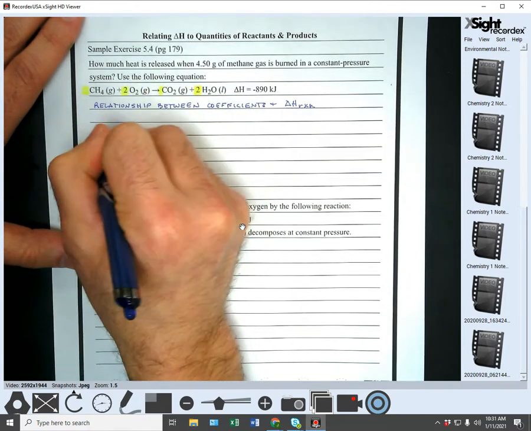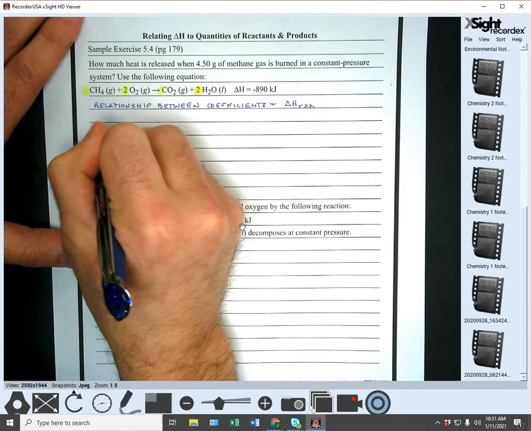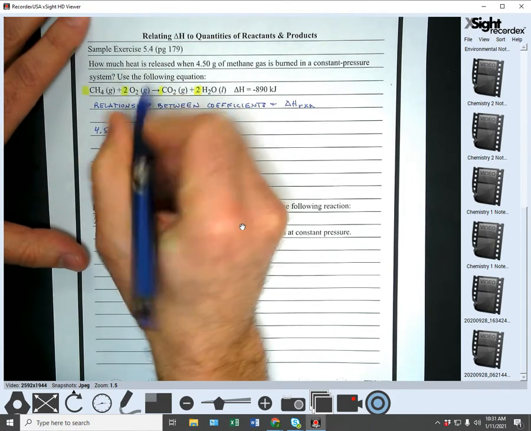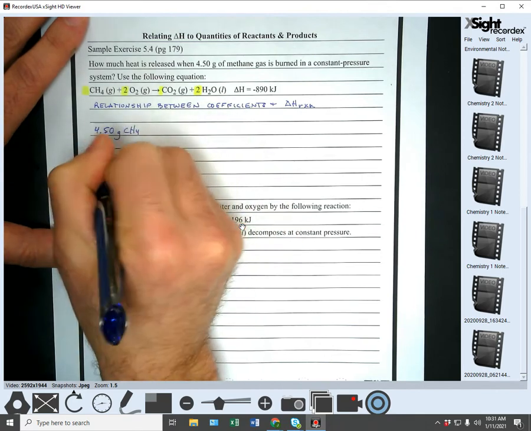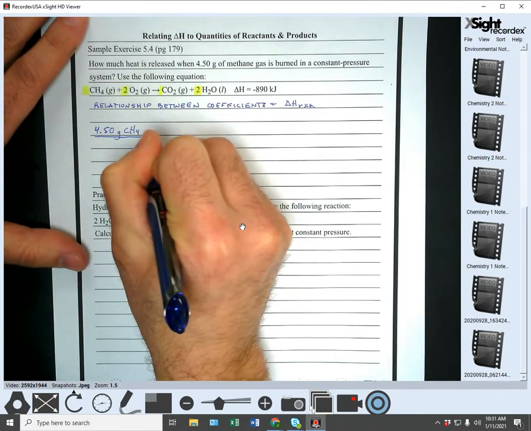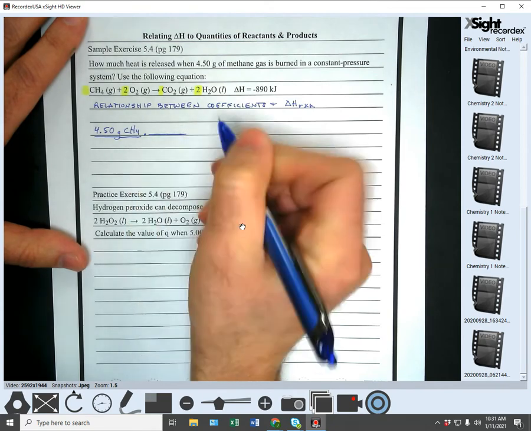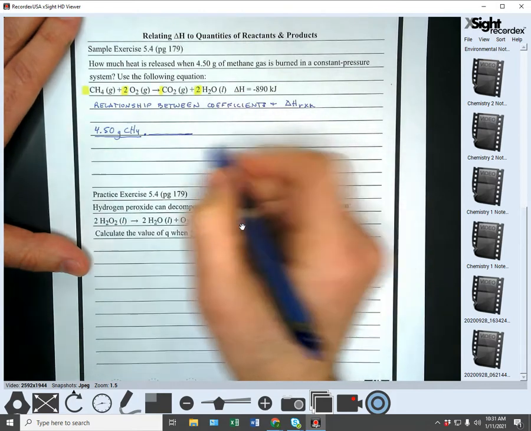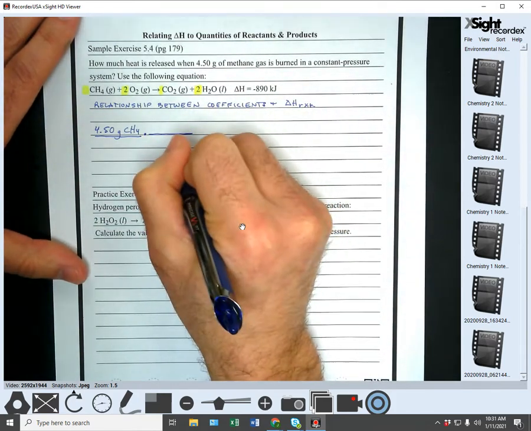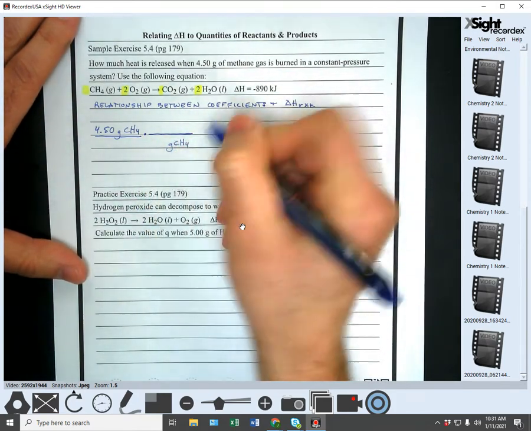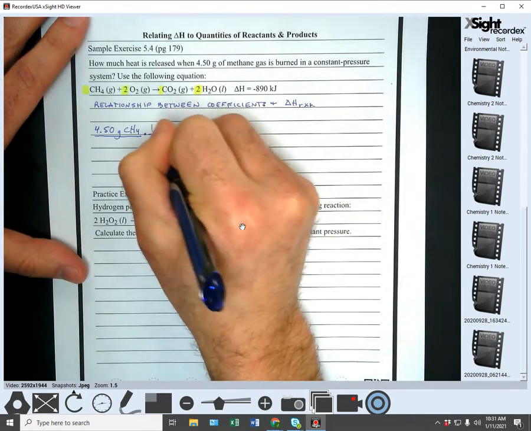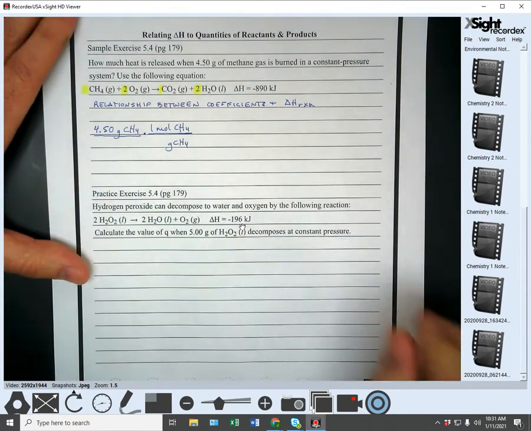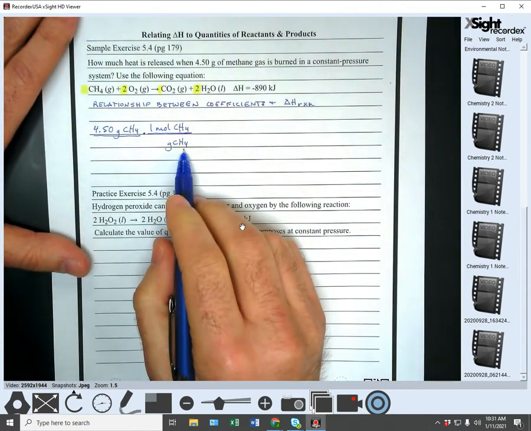So we've got 4.50 grams of the CH4. And we're going to convert, because remember the coefficients are in moles, from grams of CH4 to moles CH4. And what is that?